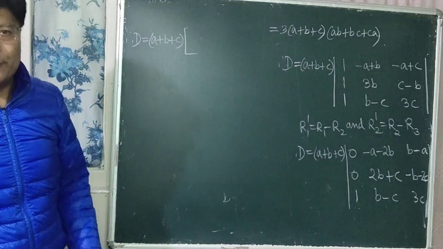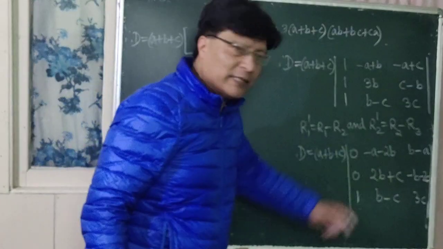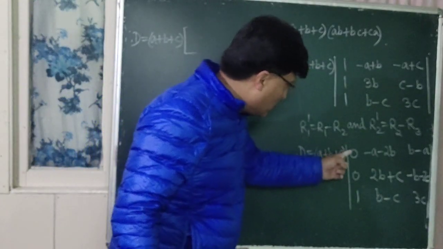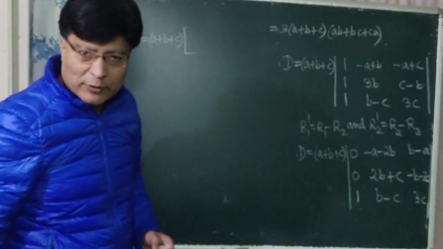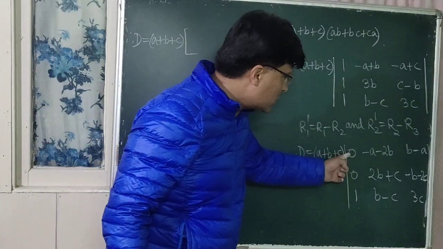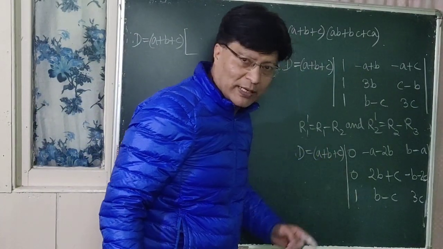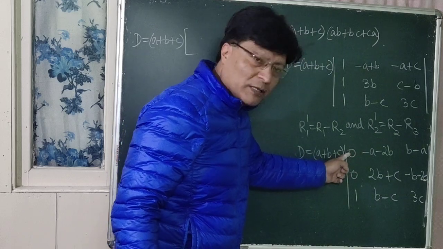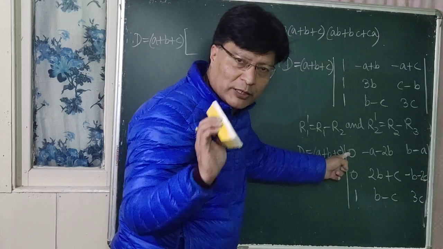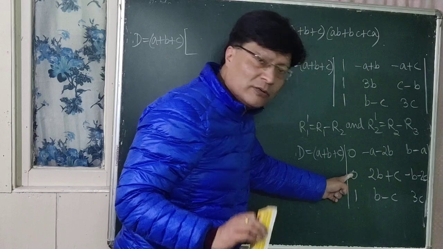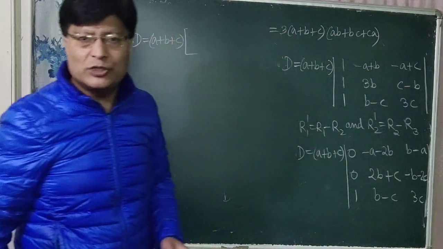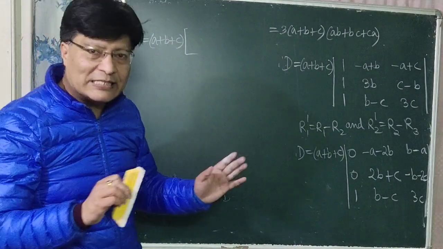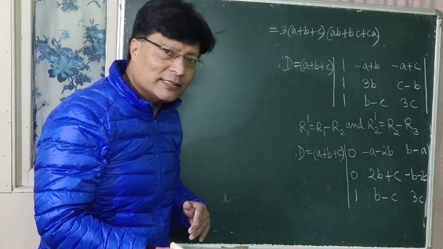Now we have to expand it with respect to the first column. Plus 0, minus 0, plus 1. 0 into any number is always 0. You don't have to write these two 0s because they are 0.